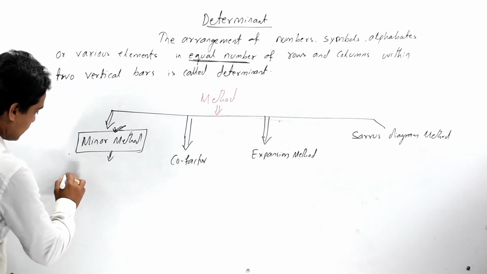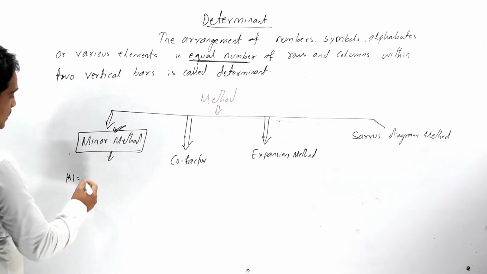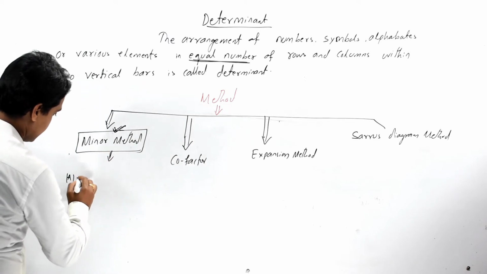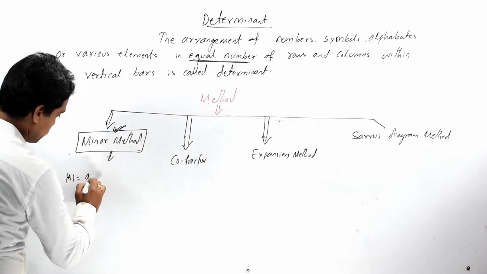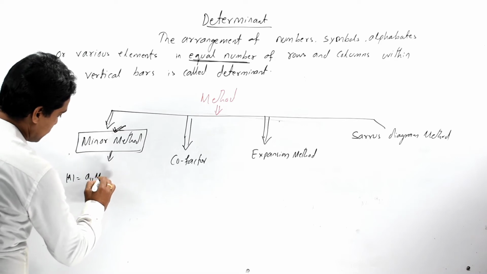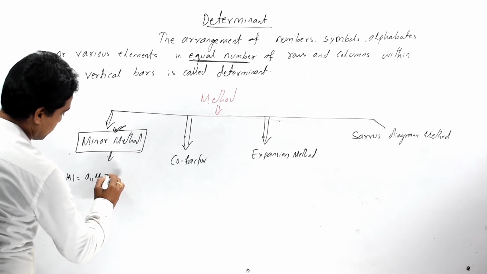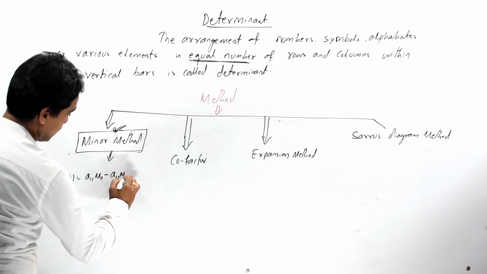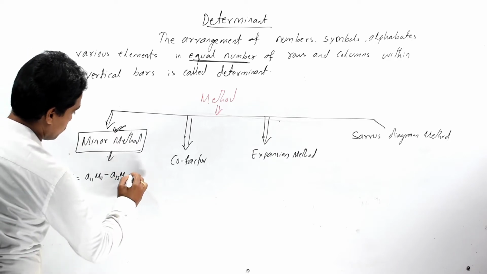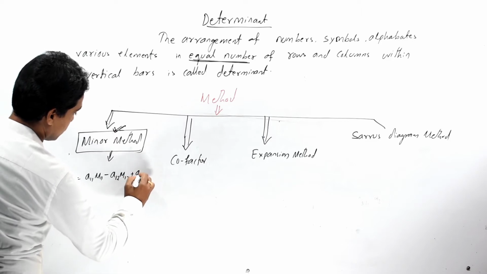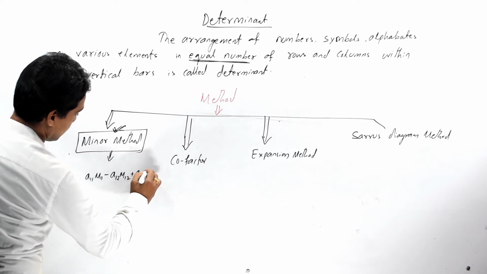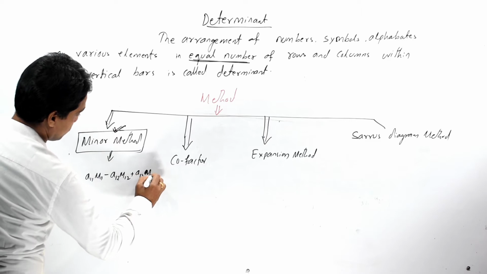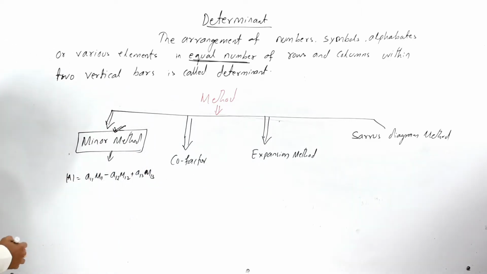Generally, the determinant value is obtained by using the formula A11 into M11 minus A12 into M12 plus A13 into M13.